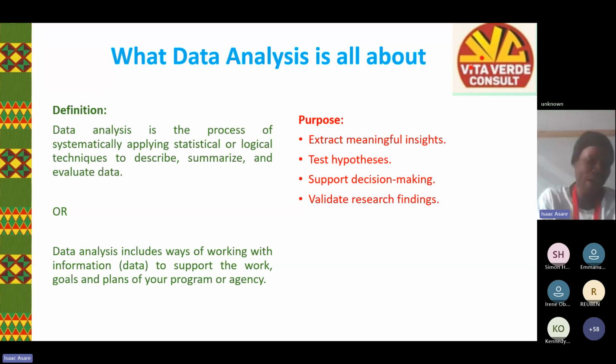Recently I published one paper on gender and age and statistical literacy: how age and gender can influence your literacy when it comes to statistics and its application. I did it using about 5 universities.